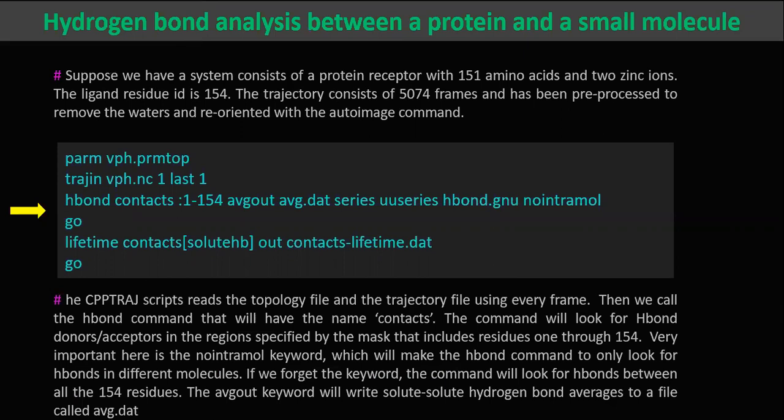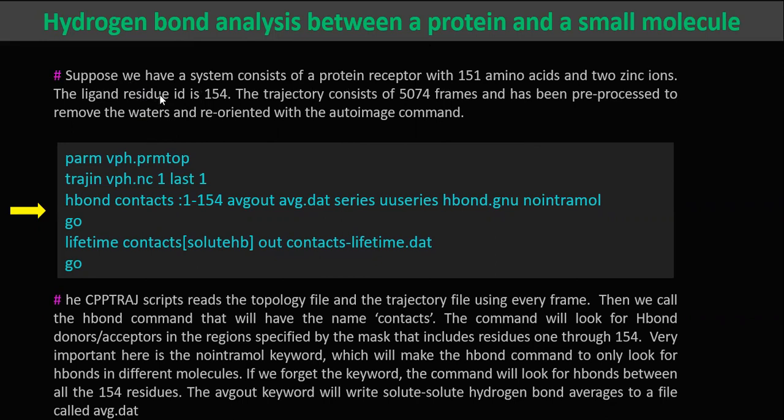And if you're interested in, for example, if you dock a ligand on a protein, you may be interested in the interaction; you want to calculate the hydrogen bond between the protein and a small molecule. So in that example, suppose we have a system that consists of a protein receptor with 51 amino acids and 2 zinc ions.